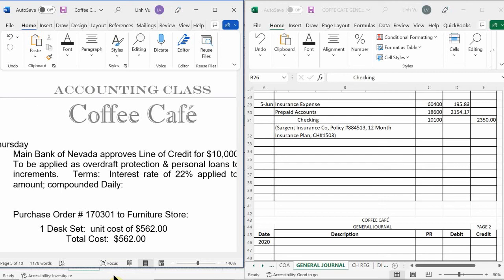So would it be under business loan? It's not a loan. Okay, line of credit. This is a line of credit, $10,000 from Maine Bank of Nevada.